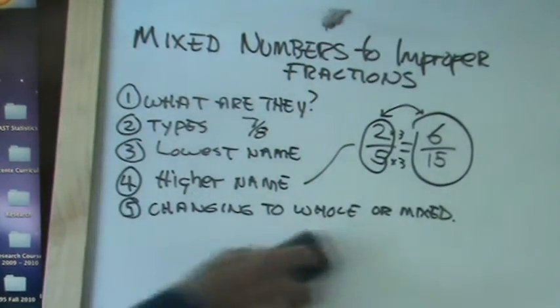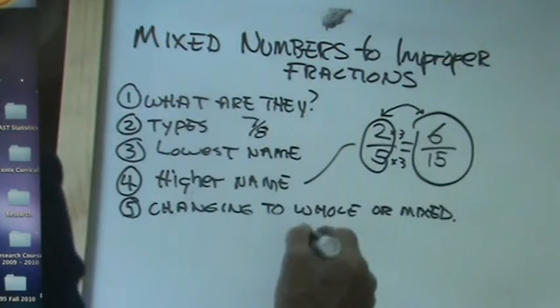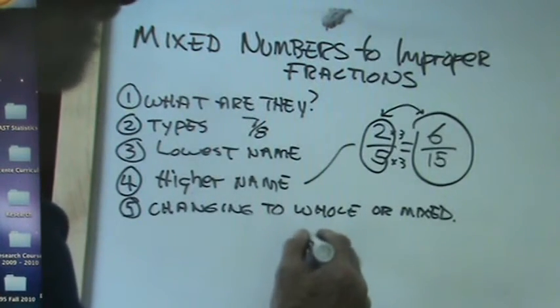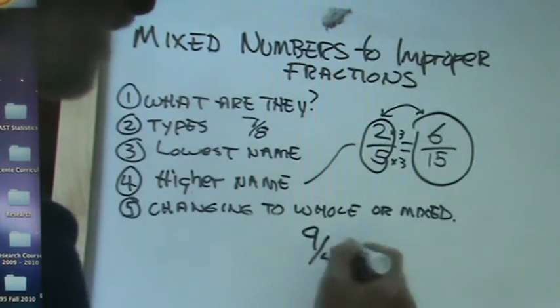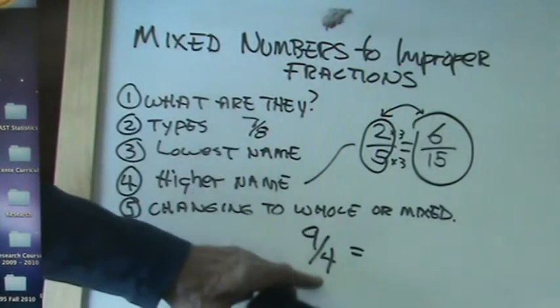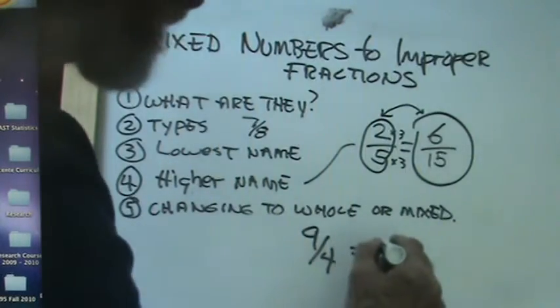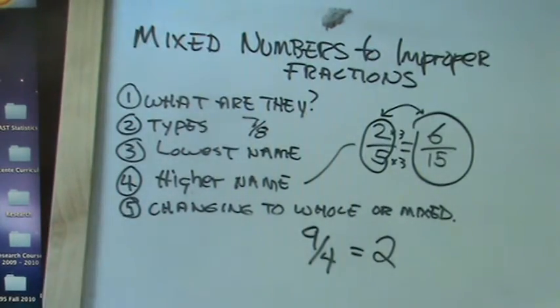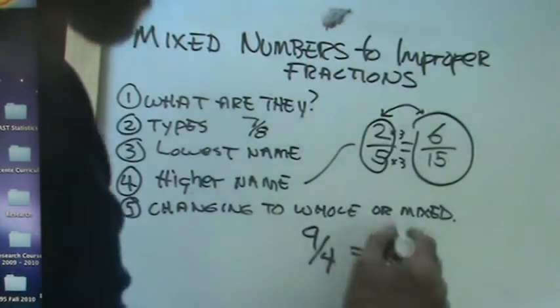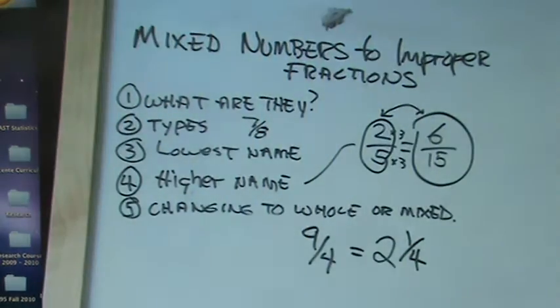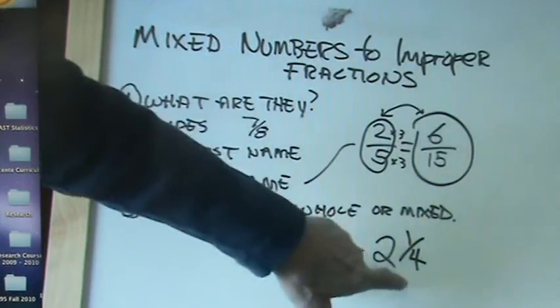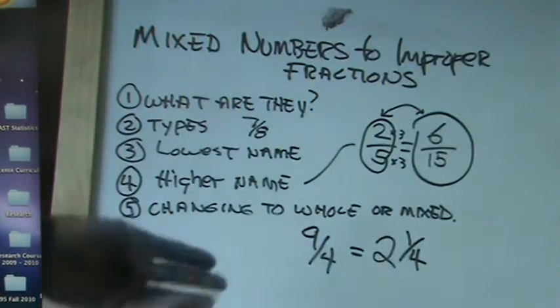Or if I had a fraction like 9/4, well, I would divide 4 into 9, which would go 2 times. And 2 times 4 is 8, so I have 1 left over. And it would be 2 1/4, and then I ask myself, is this in its lowest name? Yes, it is, so that's the answer.